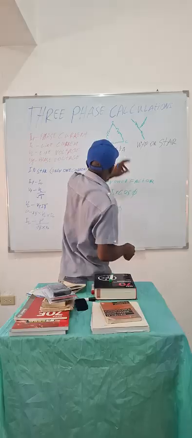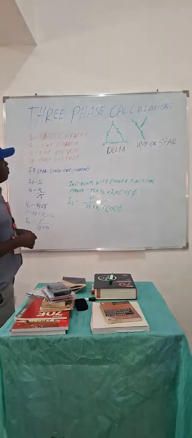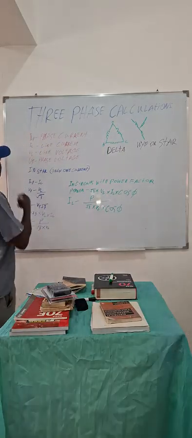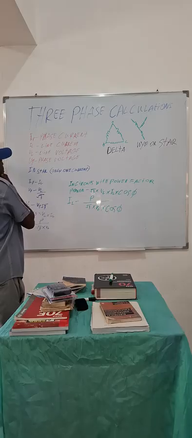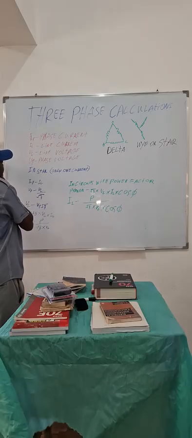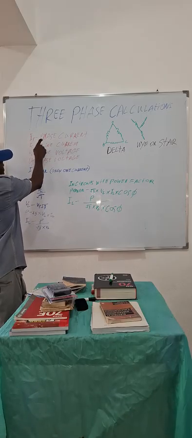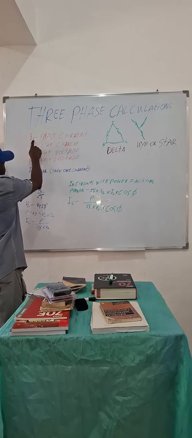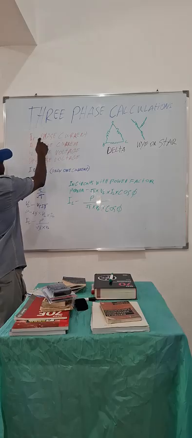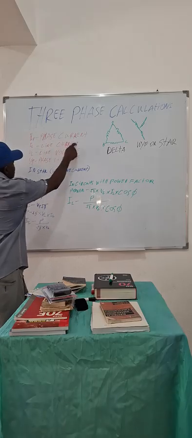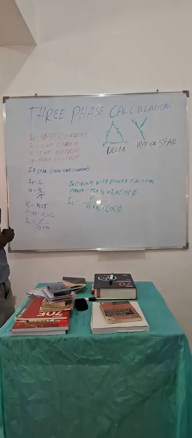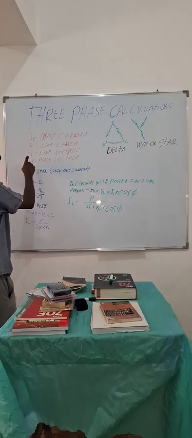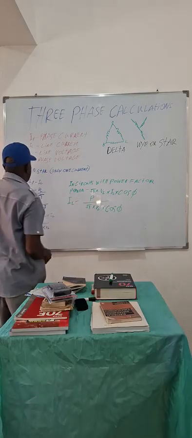So in a 3-phase system, IP is phase current, IL is line current, VL is line voltage, and VP is phase voltage.